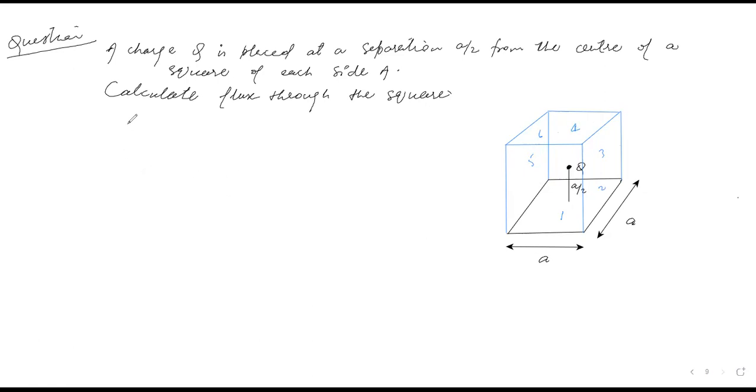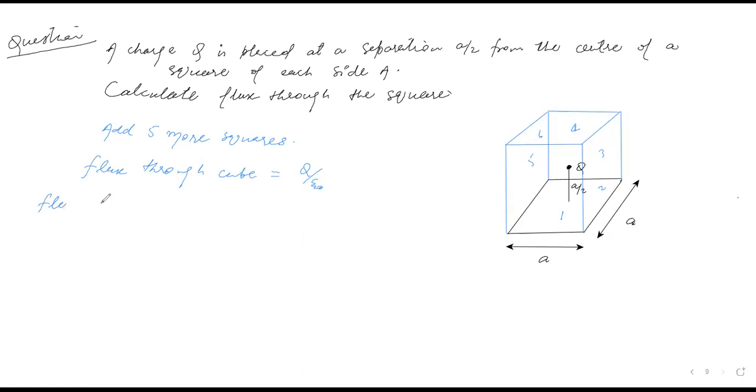Now we can say that when we add 5 more squares, we get a cube. Then the flux through the cube is q over epsilon naught. We can also write the same value in another way.